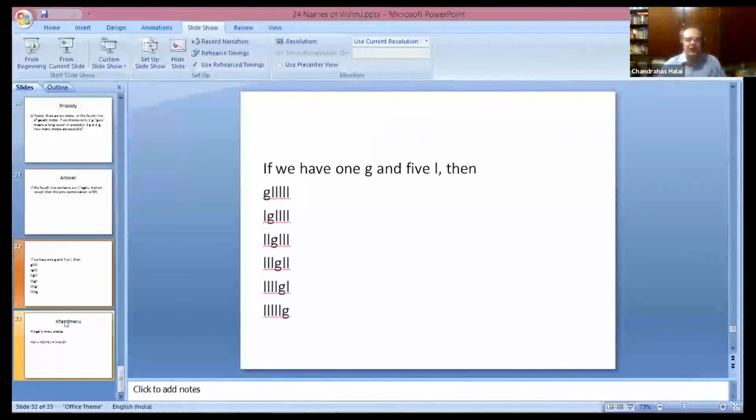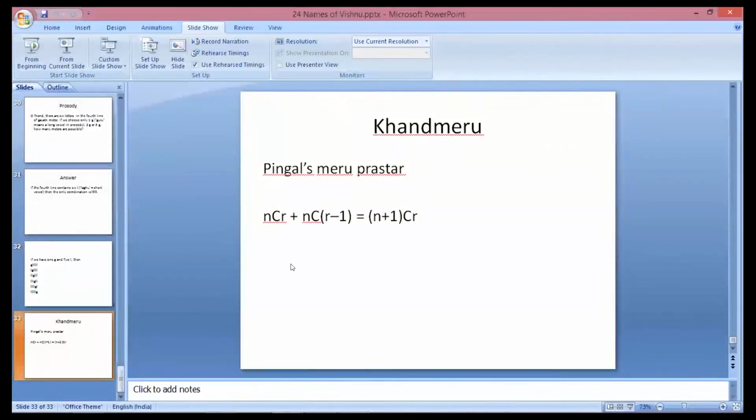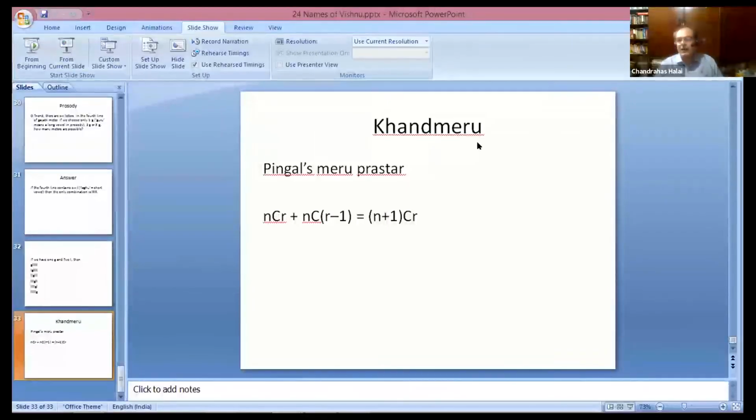Bhaskaracharya used to call it Khanda Meru. It was in Bhaskaracharya's Leelavati, it is called Khanda Meru, whereas Pingala had called it Varna Meru. What we call Pascal's triangle was actually Pingala's Varna Meru, or Halayudha used to call it Meru Prastar.